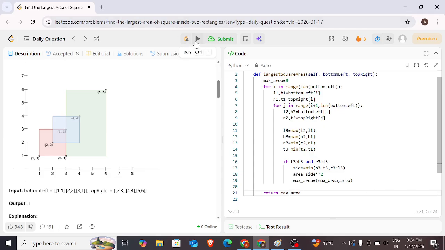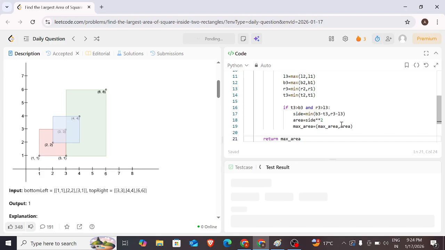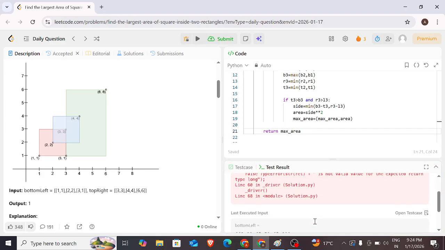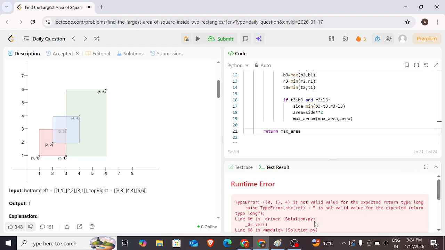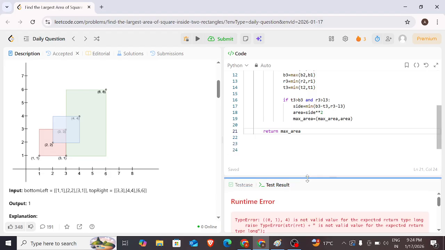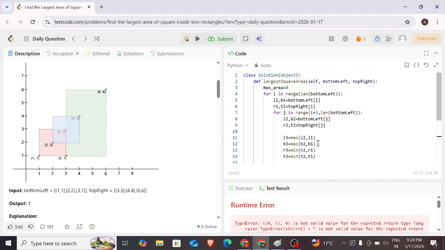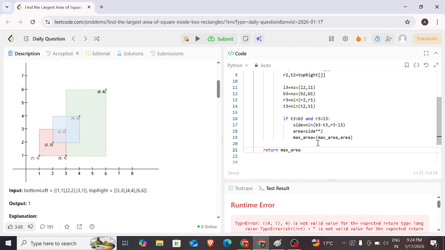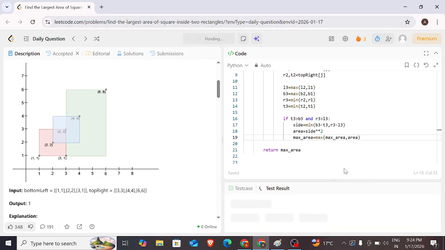So let us quickly run this and see if we have any error. We probably do, probably don't. Yeah. Max area is max of, sorry, I missed the max there.